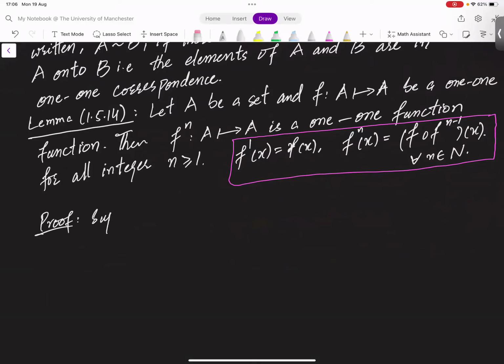So suppose there exists n greater than 1 such that f power n is not 1-1.